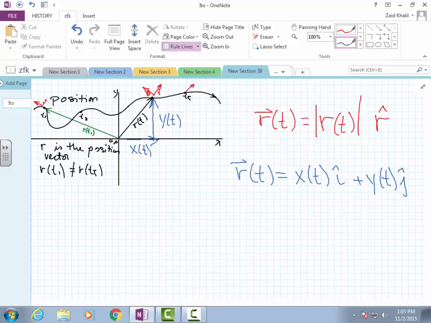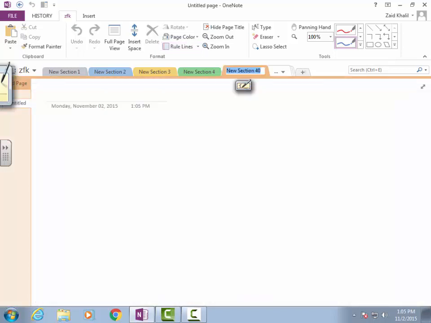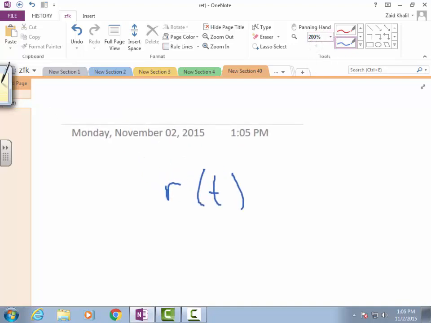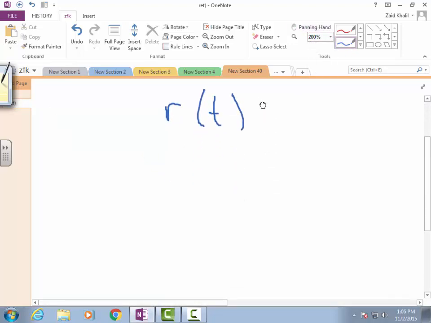Now that we understand that displacement is independent of the origin of your coordinate system, we can now begin looking at all of our dynamic variables. Because we have that r of t is equal to x of t i hat plus y of t j hat.